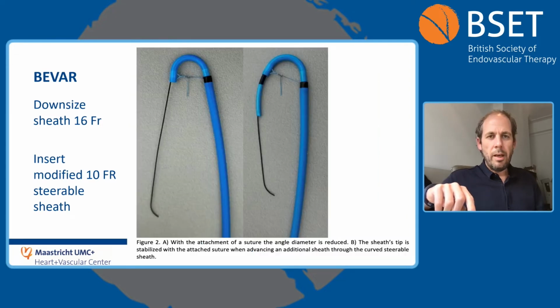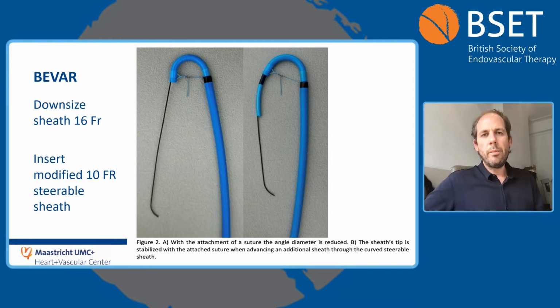Therefore, we use a little trick, which is a suture that we suture through the distal bit of the steerable sheath, which runs through, in this case, a 16 French sheath. And by pulling the suture while maneuvering, you can keep a very nice 360-degree curve, which is very stable and will accommodate every covered stent.